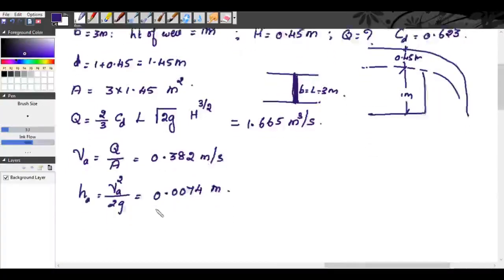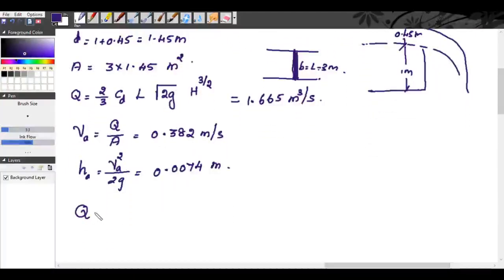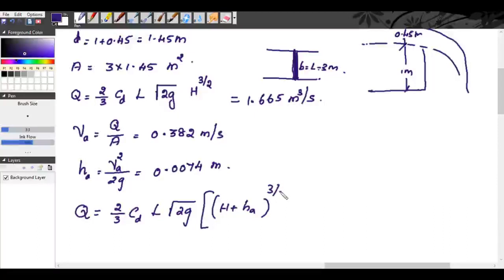Now you can find the discharge due to the velocity of approach is equal to 2 by 3 CD L into root of 2G into (H plus HA) the whole raised to 3 by 2 minus HA raised to 3 by 2. So we get Q is equal to 1.703 meter cube per second.